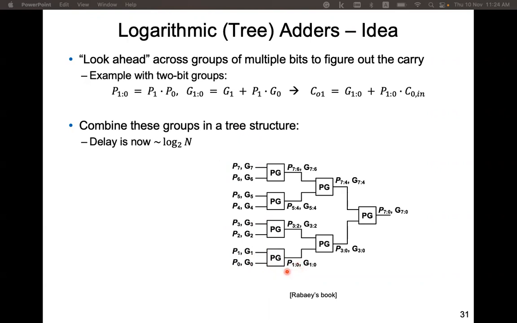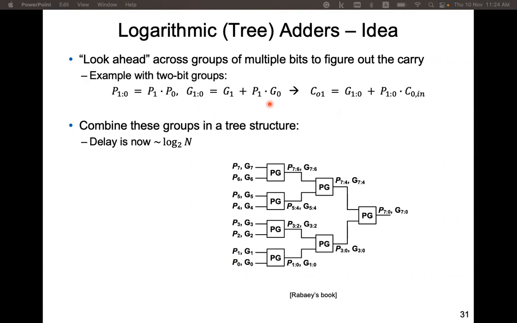So the group propagate and the group generate signals depend on these P and G inputs, as shown in this equation here. These two. So this is a group propagate.